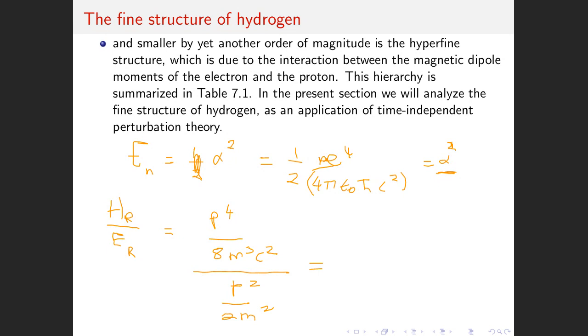Remember, we're only looking at order of magnitude, so factors of 2 and factors of 4 we are going to ignore, and p, if you use the classical limit, is just m v, so the m squared cancels, you get 1 over 4, but I'm not worried about the factors of 4 or 2, so you get v squared over c squared, and what is v squared over c squared for the Bohr atom?